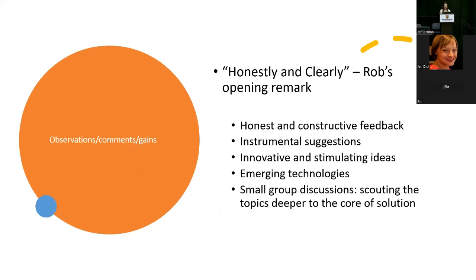I also heard instrumental suggestions. I heard innovative and stimulating ideas. I heard about emerging technologies. I especially enjoyed the small group discussion where we drilled down very deep, getting to the core of the solution.